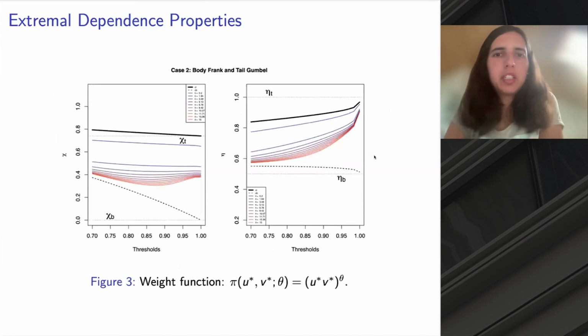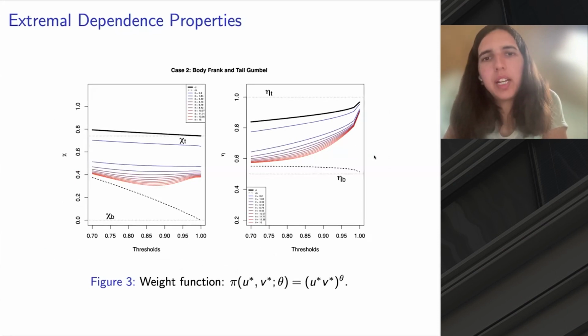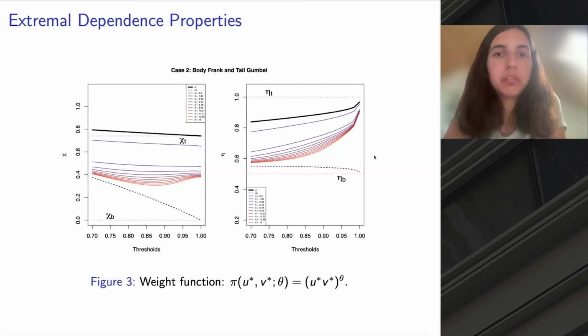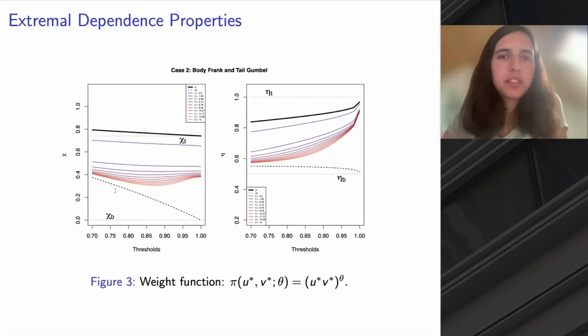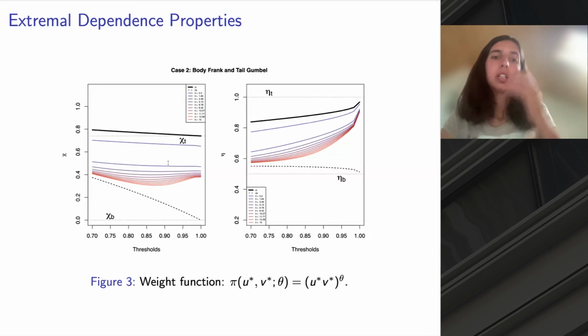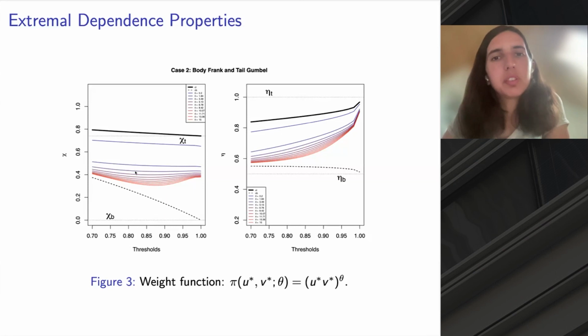We also checked for different values of theta, and theta is the parameter of the weighting function. What happened to the chi of the model for different values of theta and for different values of thresholds. And we can see on the left-hand side that there is an influence of the body, as I said before. And this influence of the body is bigger if theta is bigger.